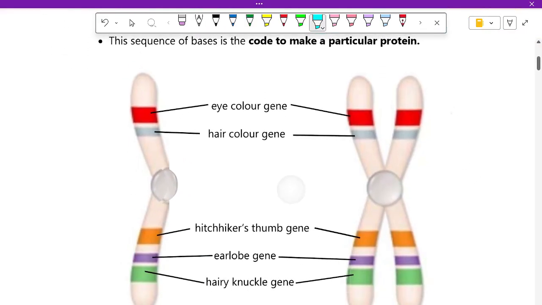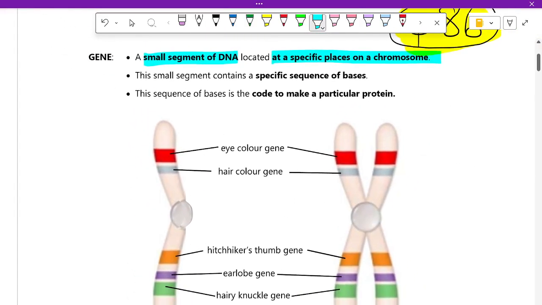So if you have a chromosome that's all coiled up, this is a coiled up chromosome. What's that word that we use that means to coil up?